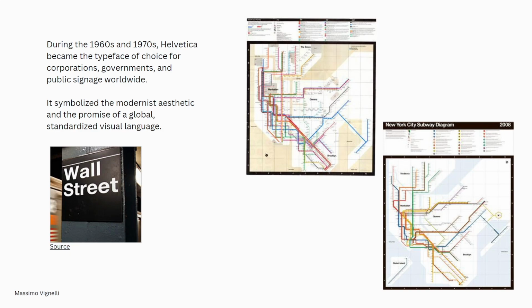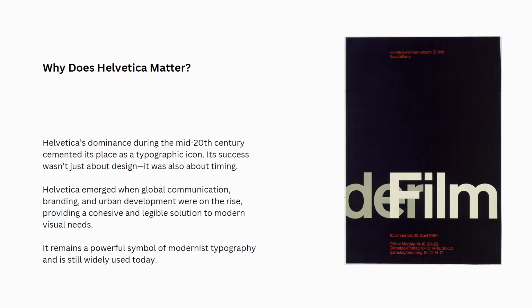It's modern, it's clean. It's sort of that promise of a global standardized visual language, which is one of the things some designers are focused on with their work. You can see it in Vignelli's branding also with American Airlines and Knoll. And then, why does it matter? It's sort of an icon at this stage.